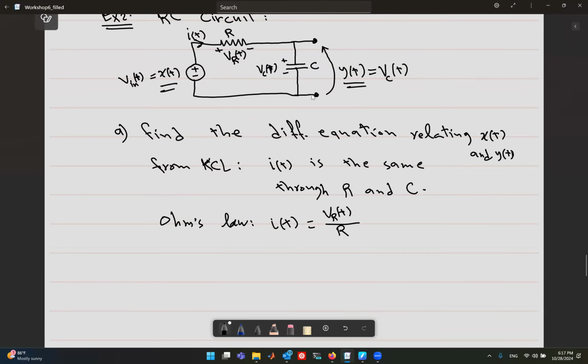And similarly, for the capacitor, the current through the capacitor is the capacitance value of the capacitor times the derivative of the voltage across it.